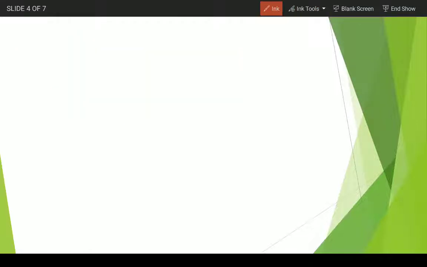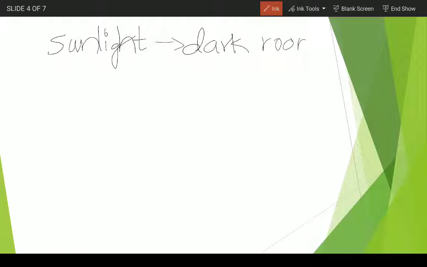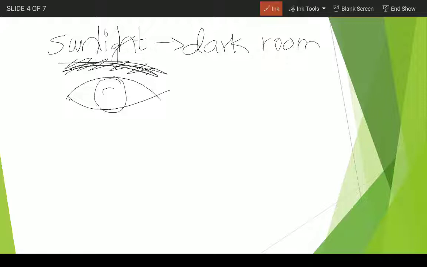So from sunlight to a dark room, the size of the pupil increases, that is, it enlarges.